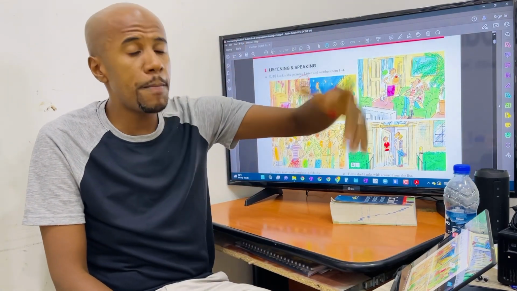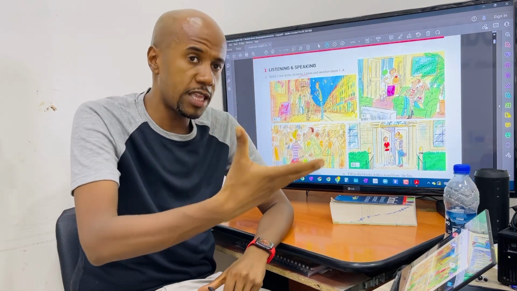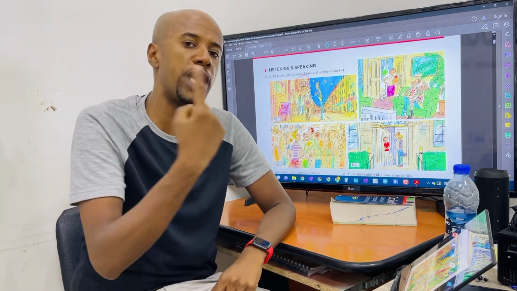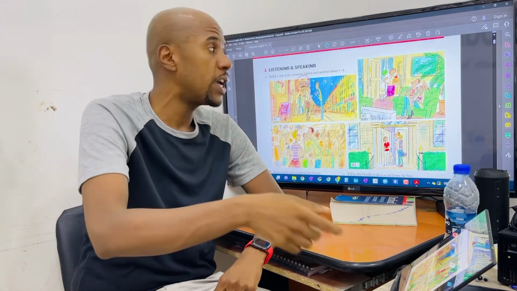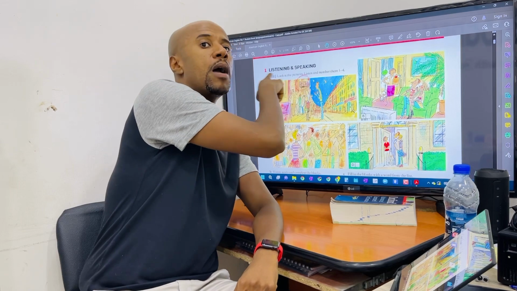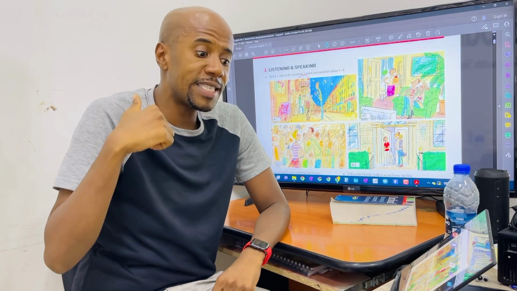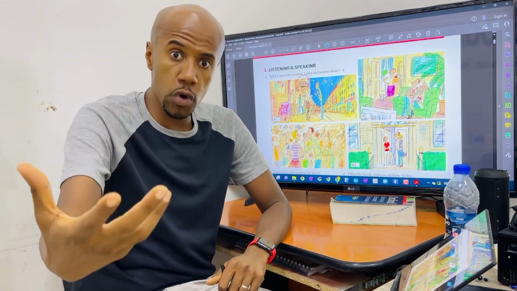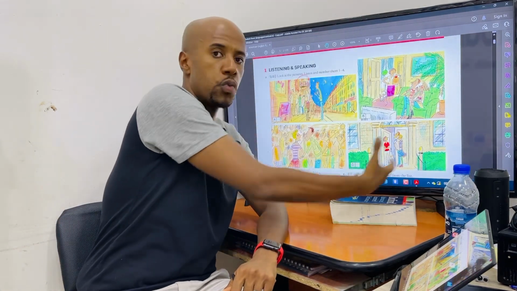Later on, when they become better at analyzing the picture and doing it on their own, let's say this is week 1, when they come to week 4 or 5, you can do as is said in the textbook or in the teacher's book. But before, it is up to you to support them by working with them on the situation.